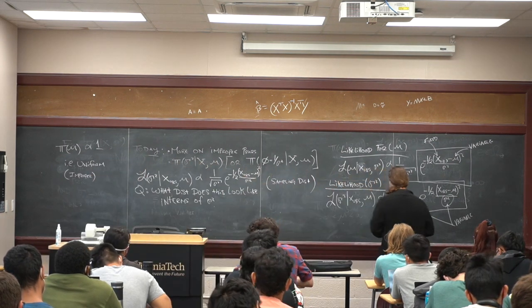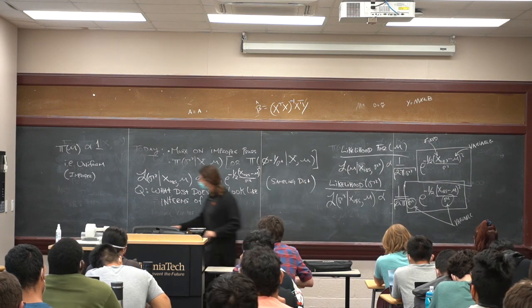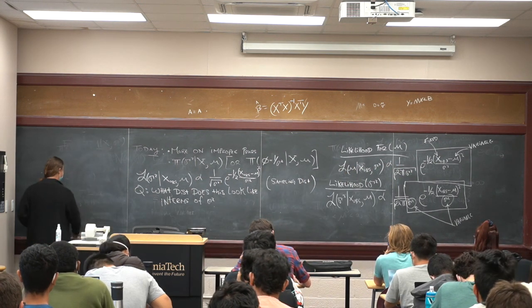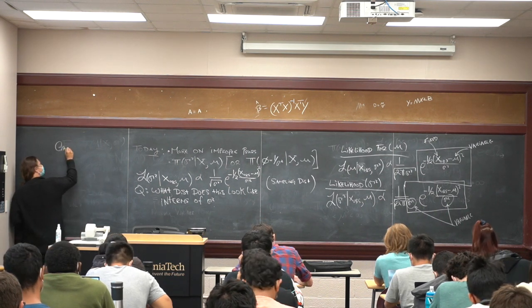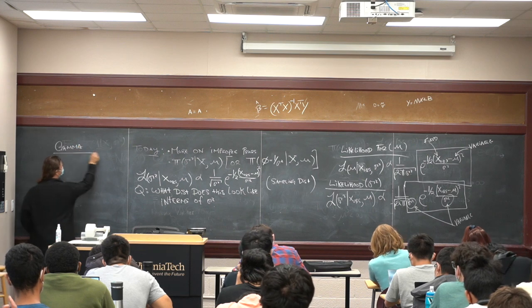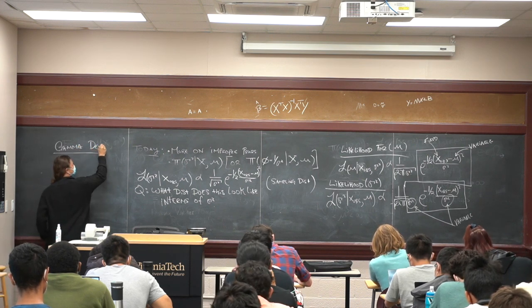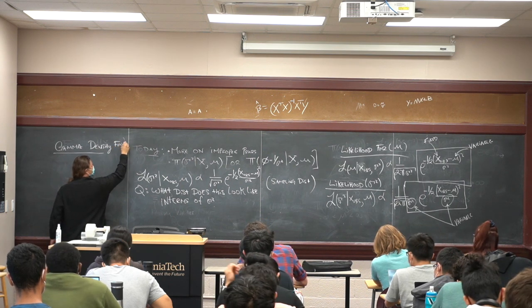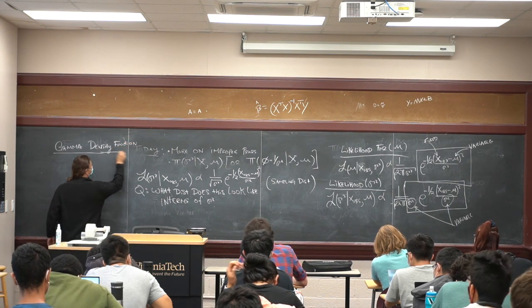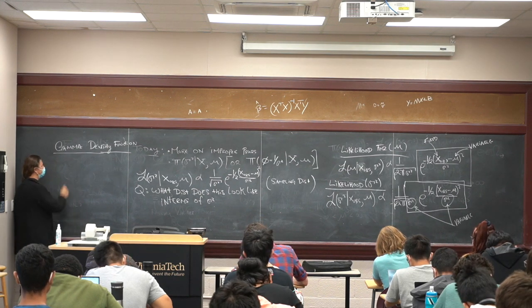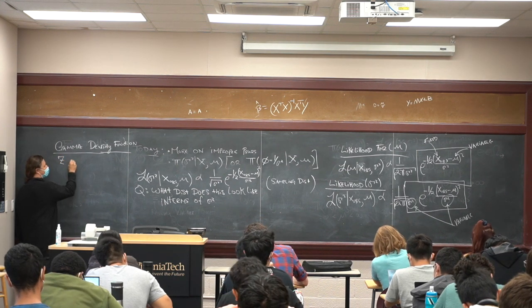So let me show you what a gamma distribution looks like. Specifically, this is the gamma density. I'm just going to be arbitrary and say z is my random variable.